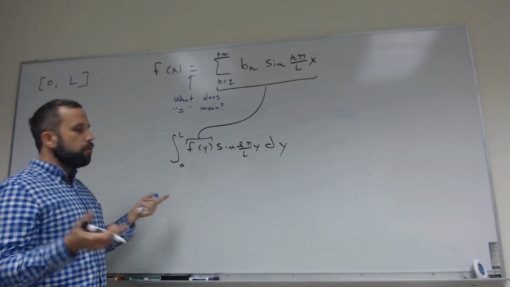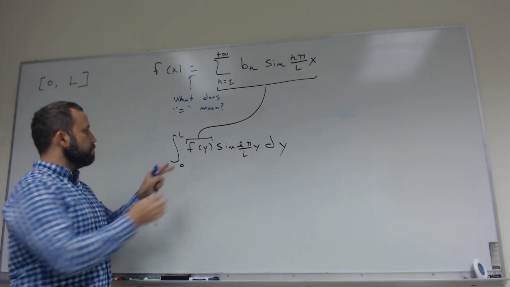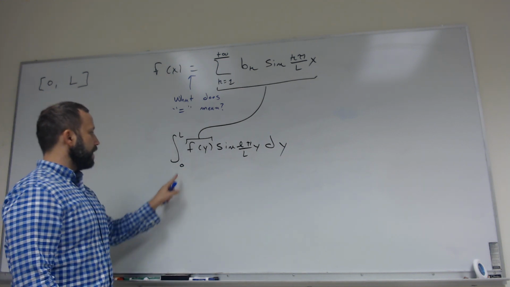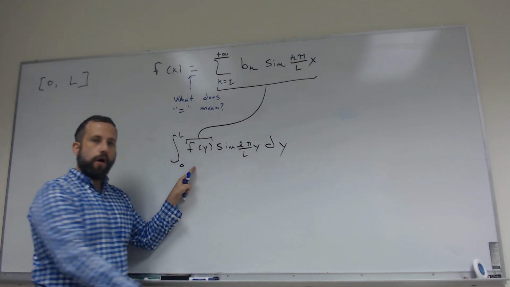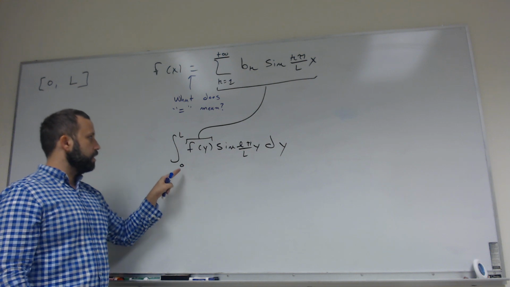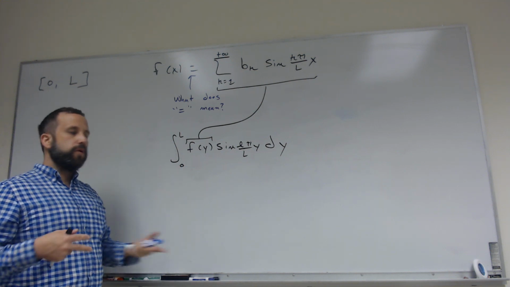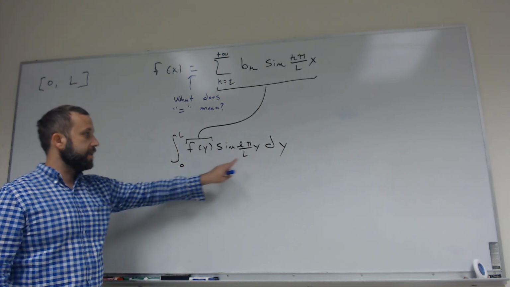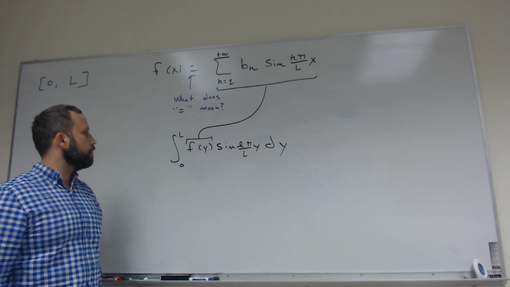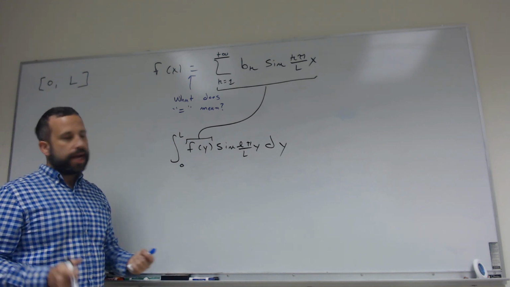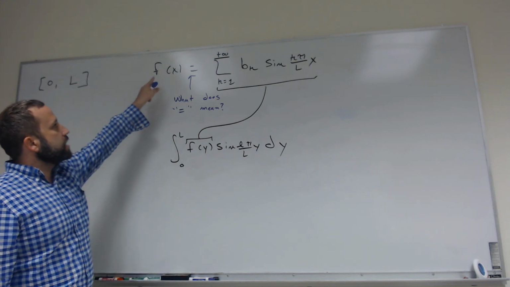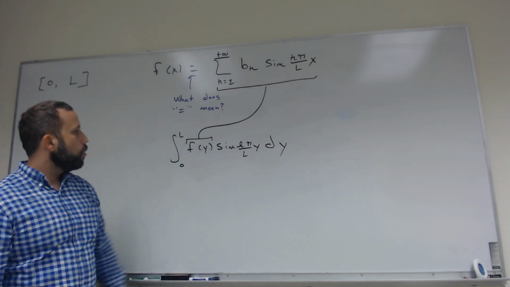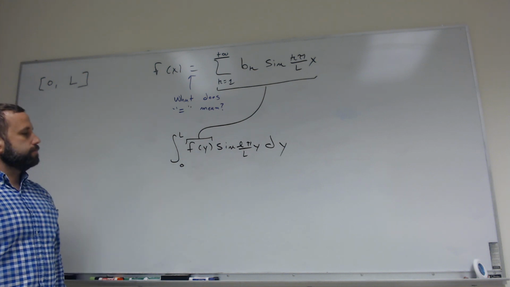Because all we would be doing is modifying this function at the points 0 and L. And that would mean we're modifying the overall integrand at two isolated points. And whenever you modify the integrand at a finite number of points like that, the integral doesn't change. So to do the things that we did in separation of variables, we don't actually need this to hold for all values of x. We only need something like this to hold.